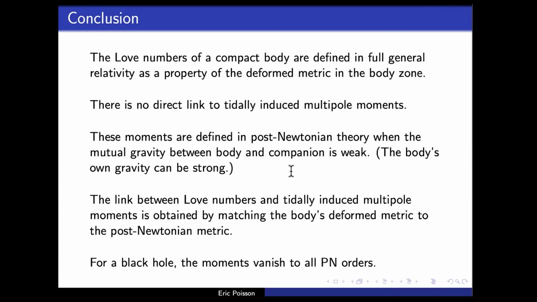Yeah, so the issue is the Love numbers, there's no issue. If you take one particular definition of the perturbation functions, then the numerical value of Love numbers can be calculated, and there's really no issue. The issue is really to communicate this to multiple moments for tidally deformed bodies.